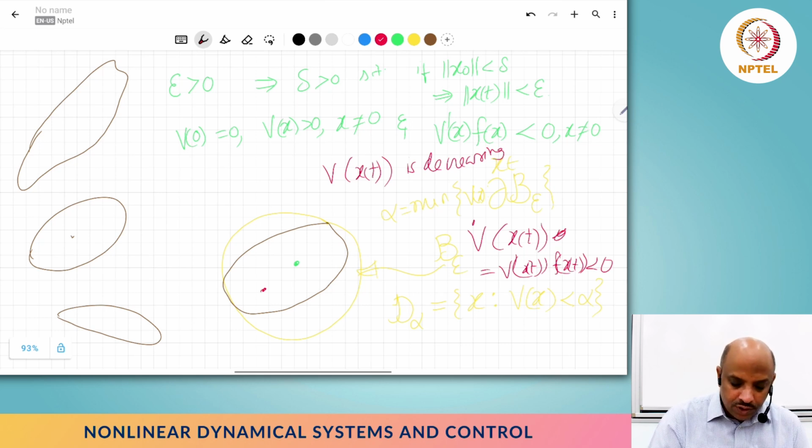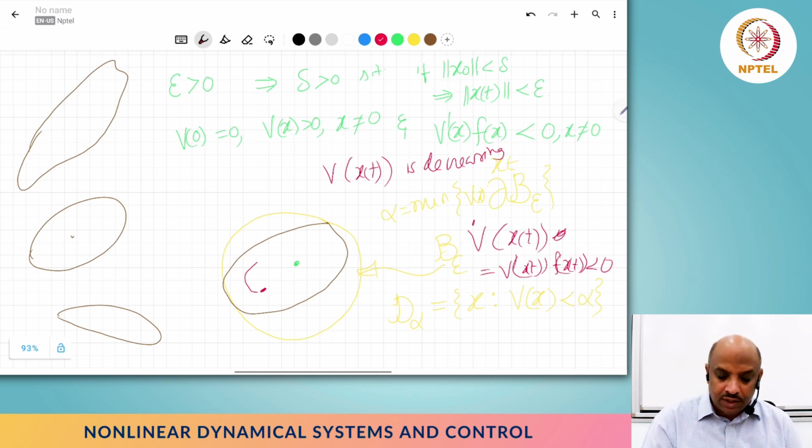Even if it starts, perhaps it may go around and things like that, but it will never go to the boundary, especially beyond that, because on the boundary of this particular epsilon ball, every v value is more than alpha, not just equal to alpha, but more than alpha.